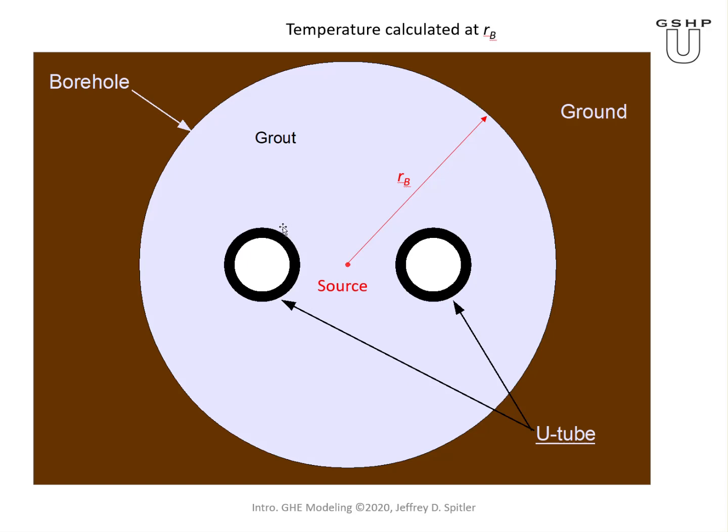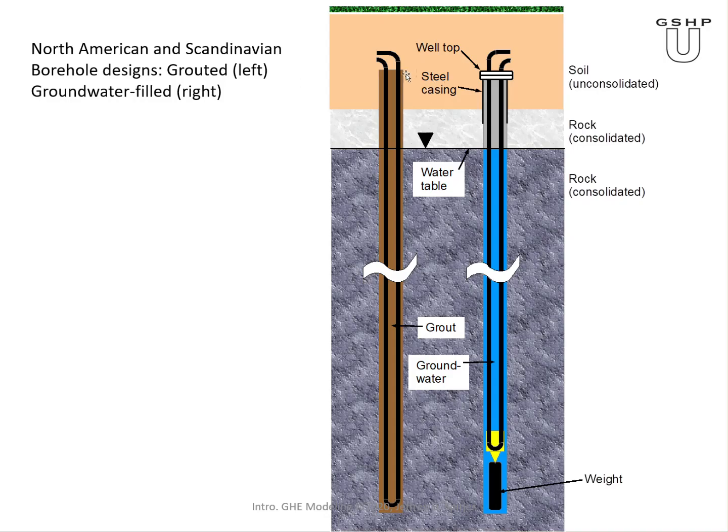Secondly, you'll often see drawings like this where the U-tube is nicely symmetrically placed in the center. And of course, in practice, it's often the case that, first of all, these holes don't go into the ground straight, so they may sort of corkscrew down. Corkscrew is a bit of an exaggeration, but they may twist and turn some.